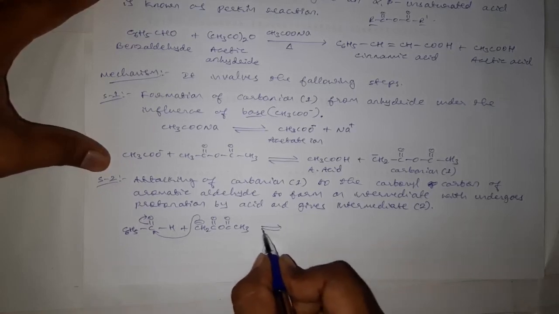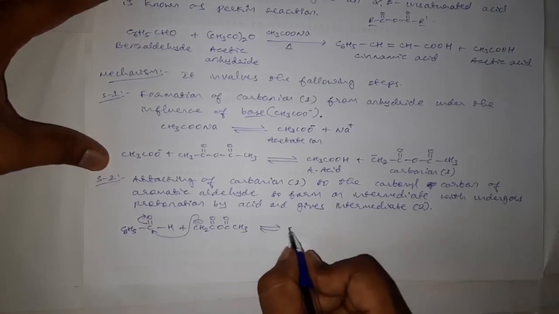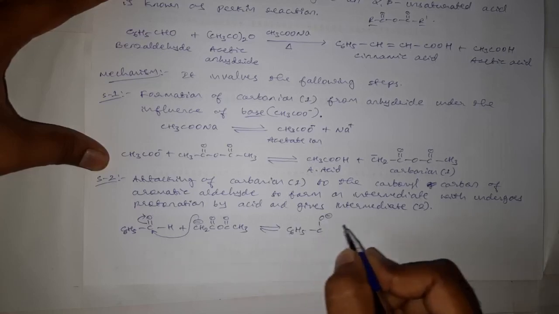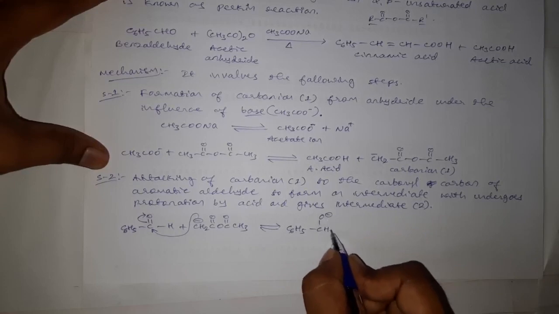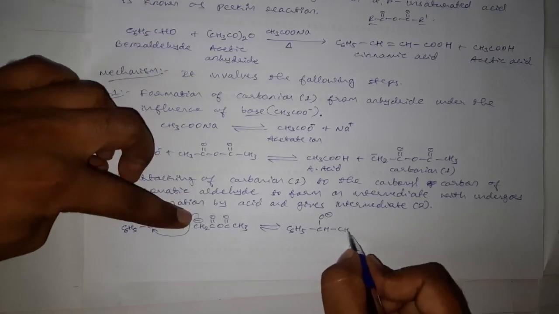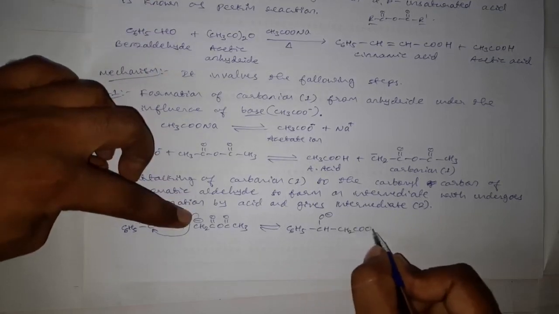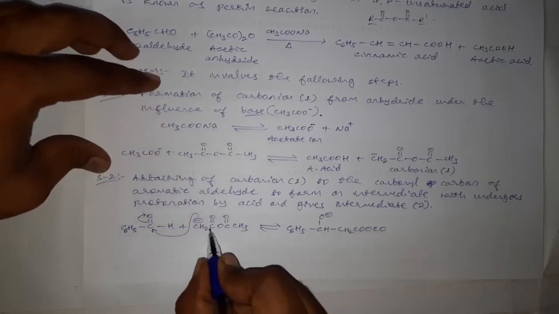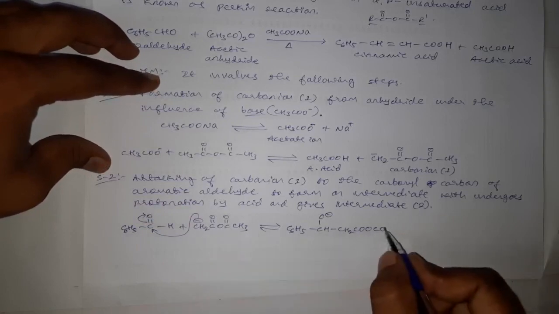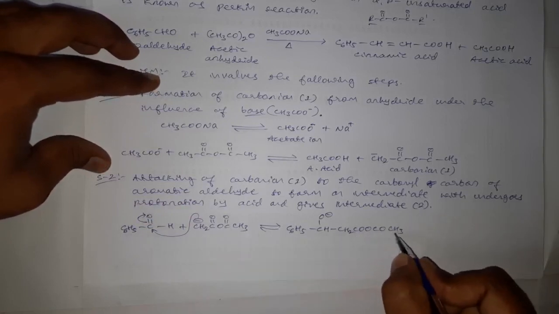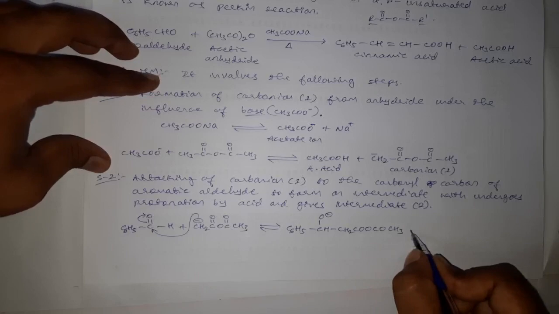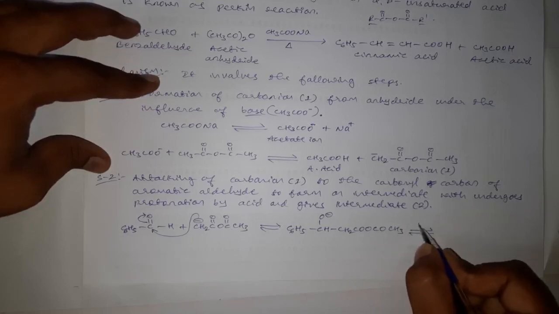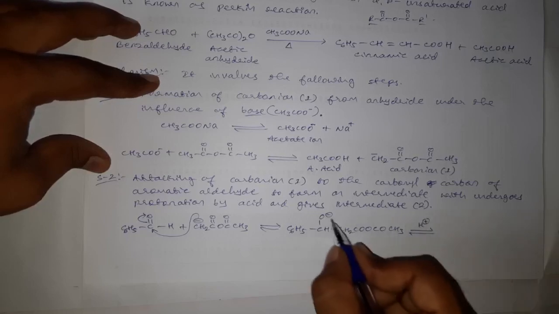Here we will get an intermediate C6H5 C, O minus, H, then CH2 C=O, O, C=O CH3.